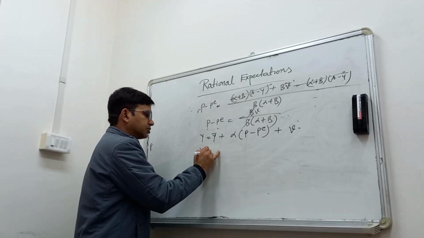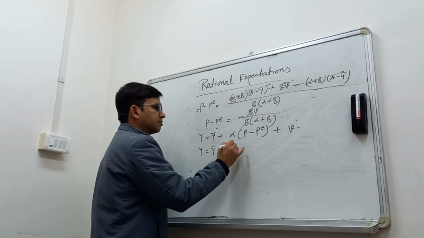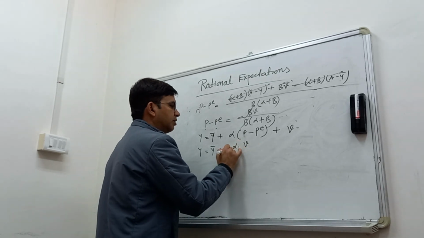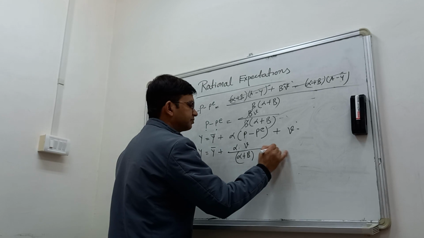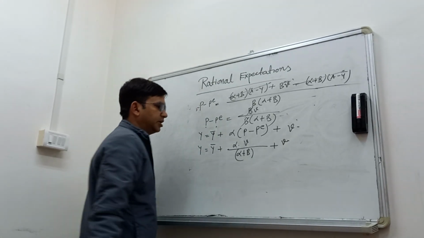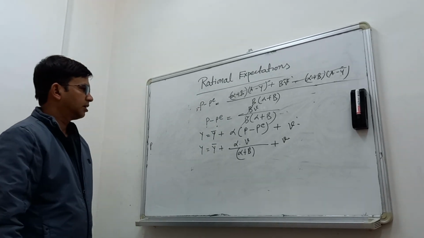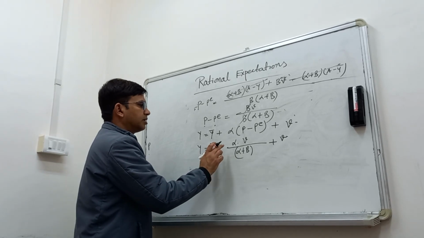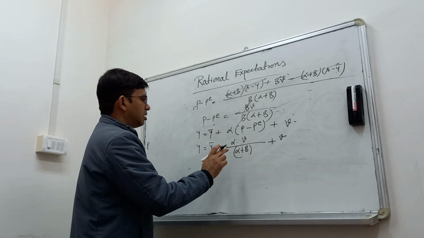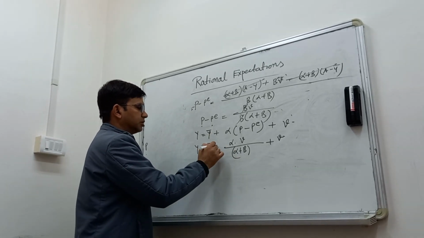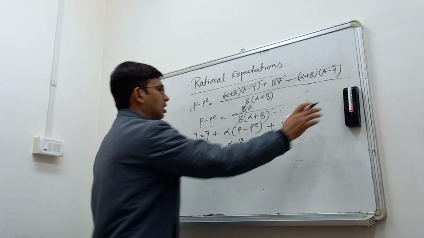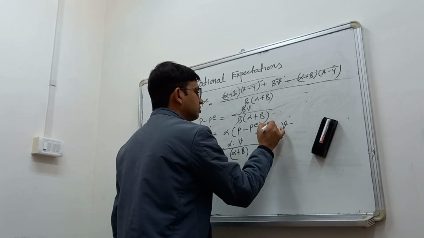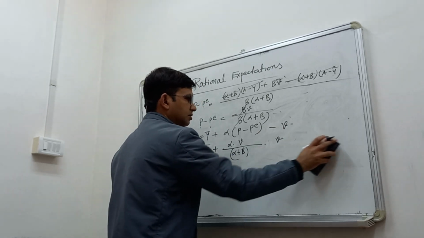So y equals y bar plus alpha into V divided by alpha plus B, plus V, which gives y equals y bar plus alpha V divided by alpha plus B minus V.